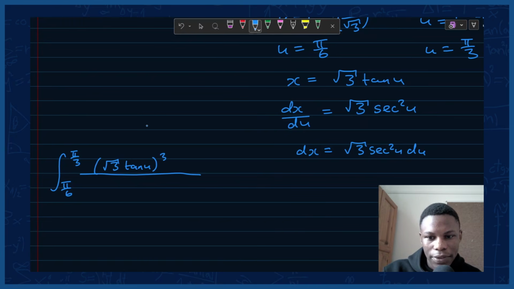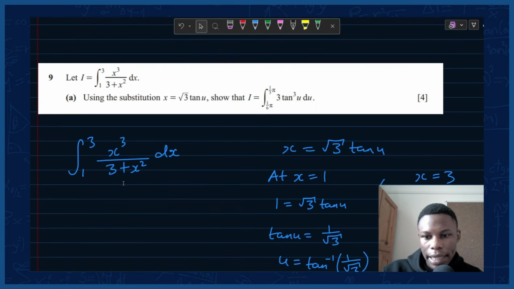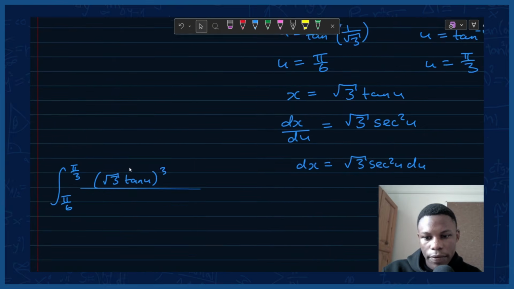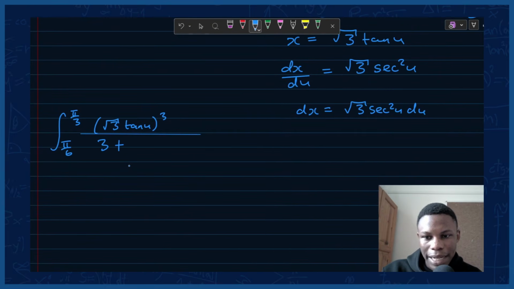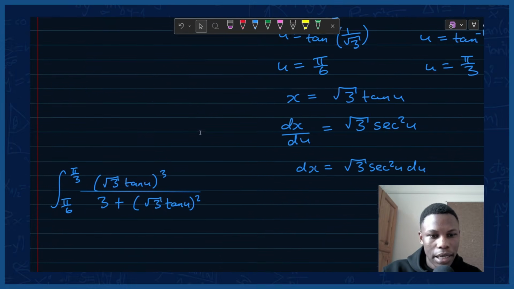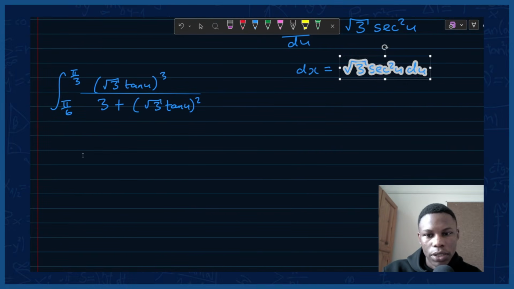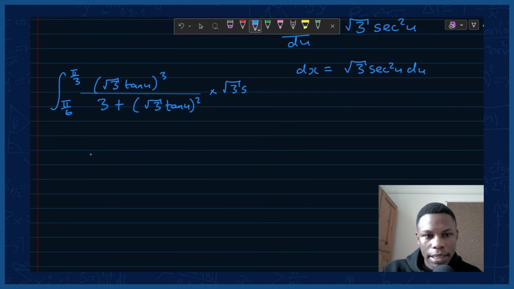And this is being divided by 3 plus x squared. So that's going to be 3 plus x, that's root 3 tan u, and that's squared, times our dx, which we know is root 3 sec squared u du. So times root 3 sec squared u du.